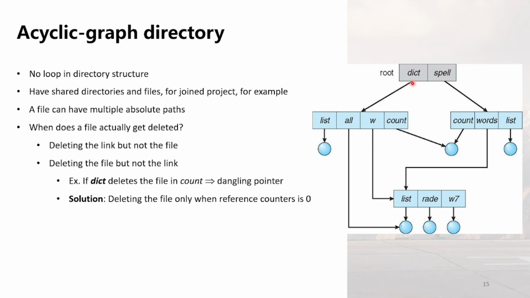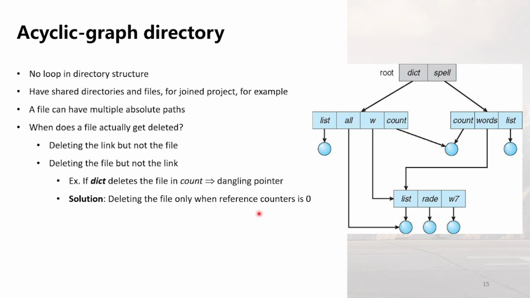If DICT were to delete a file in count, we would end up with a dangling pointer, as shown here. The solution to this problem is reference counting.